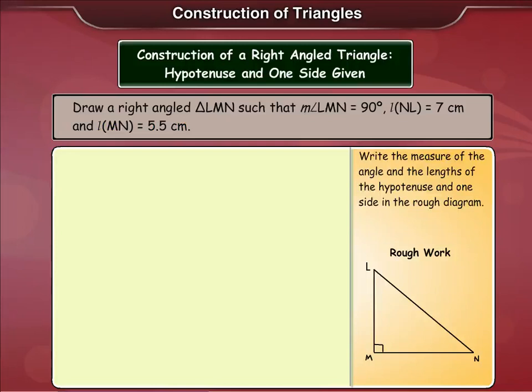Do you remember? We can draw another similar triangle on the other side of side MN. Let's construct another similar triangle on the other side of MN. Draw a ray MP on the lower side of MN, making a 90-degree angle with the side MN.